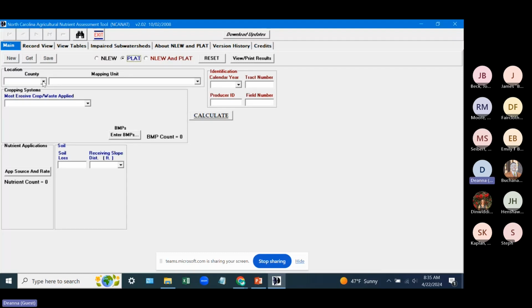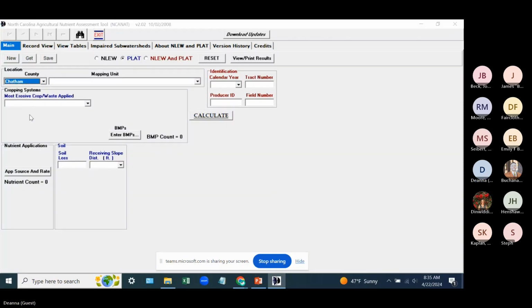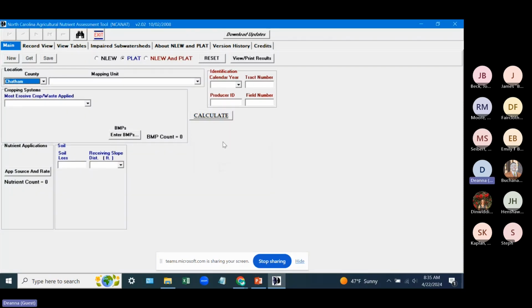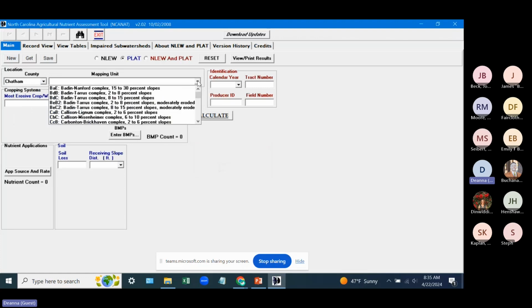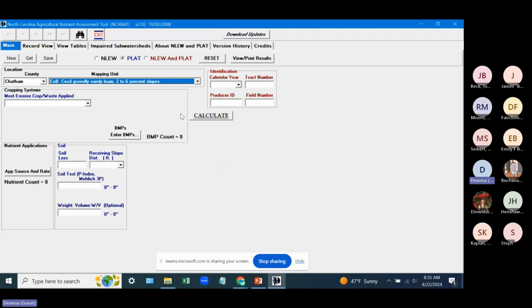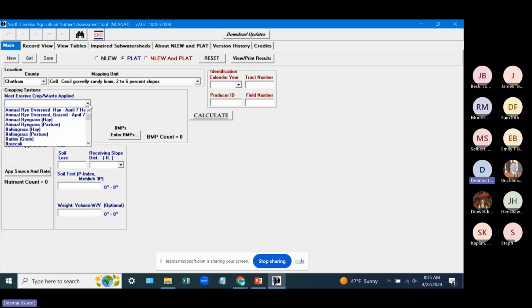And we tried to make it super simple. I think you guys all know this, you put your county in, and this is an old version of it, and you put your soil type in, and your most erosive crop.